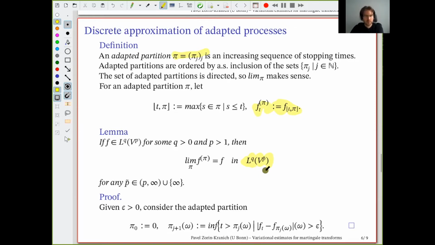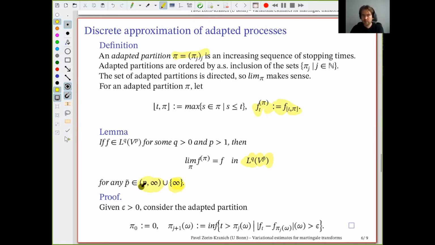So how do you see this? Well, uniform convergence is pretty easy. You just take the stopping times so that between stopping times you do not change more than by epsilon. But if you have this with infinity variation, then you also get all the variation exponents between P and infinity just by some cheap Hölder inequality.